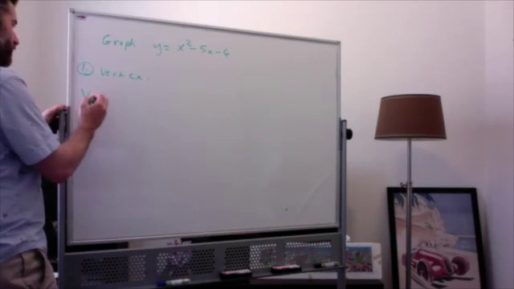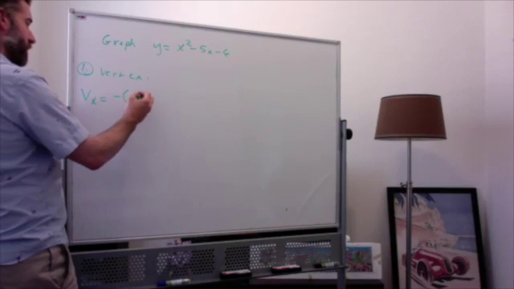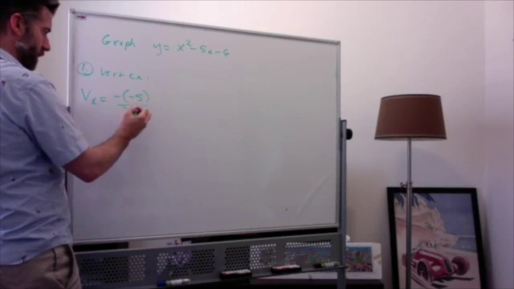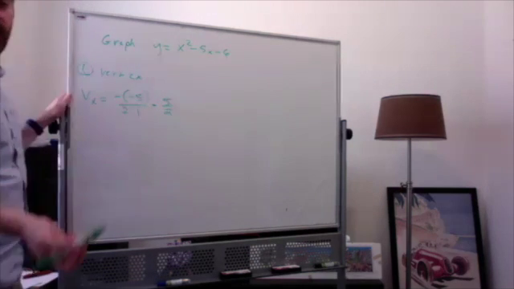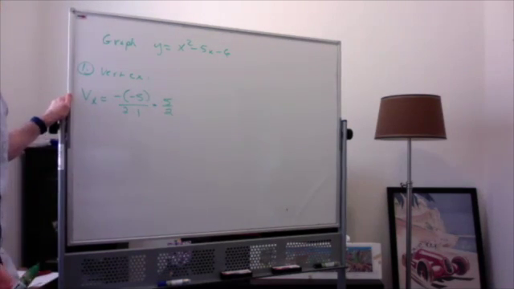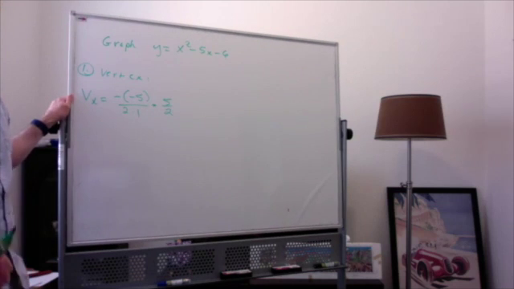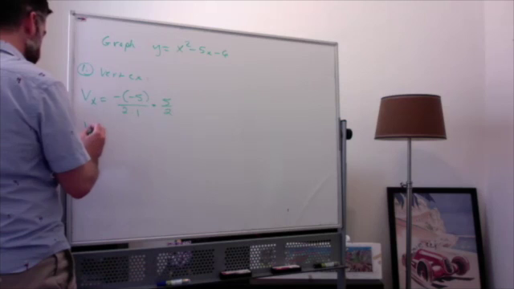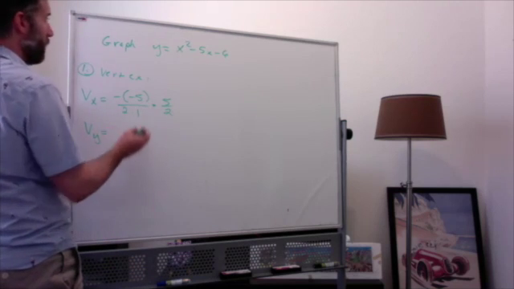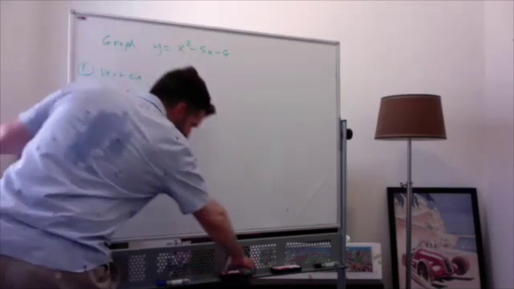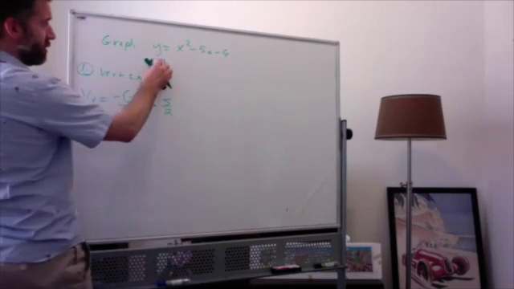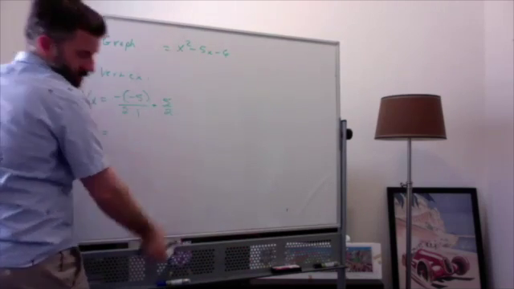So the x-coordinate is going to be -(-5) over 2 times 1, which is 5/2. And I definitely recommend leaving this as a fraction because you're going to have to square it, and it's much easier to square fractions than it is to square decimals. The y-coordinate, I'm just plugging this in. Also, I will point out that in the homework I use function notation instead on some of the problems.